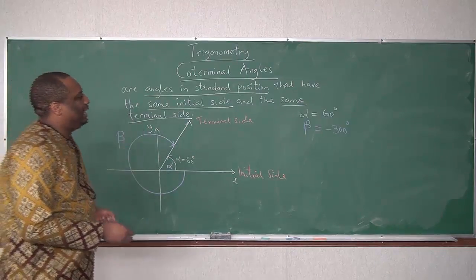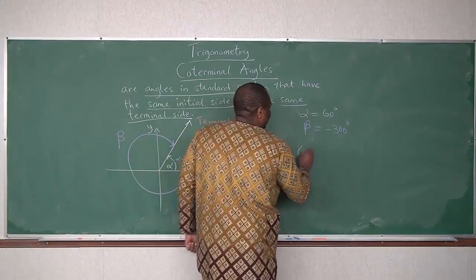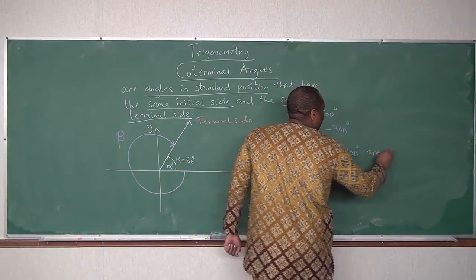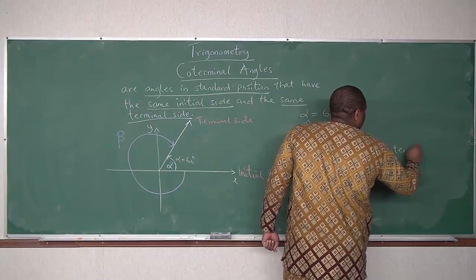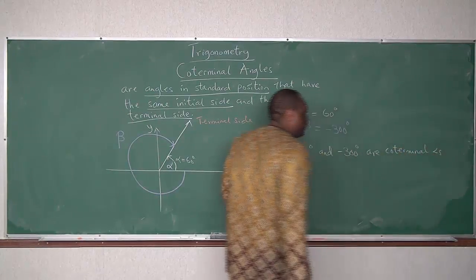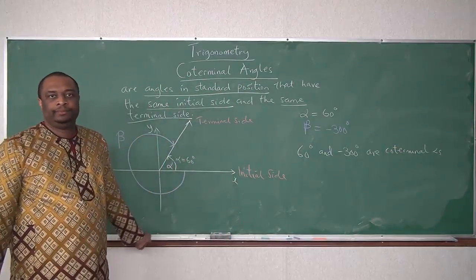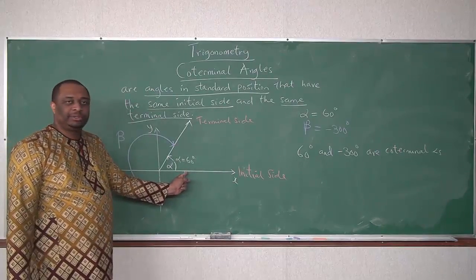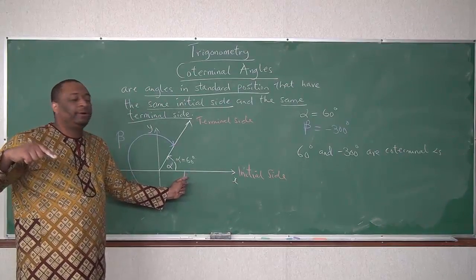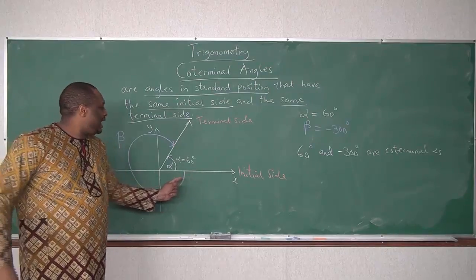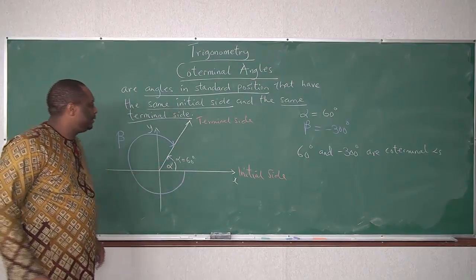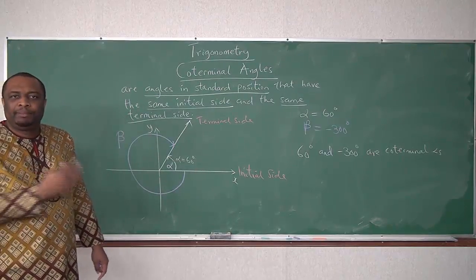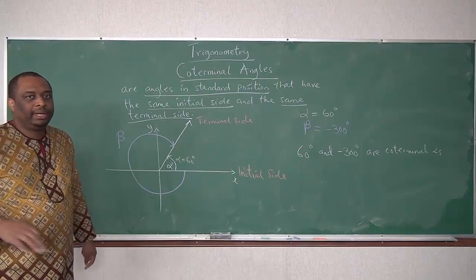So we now say that 60 degrees and negative 300 degrees are coterminal angles, because they have the same initial side, starting from the positive x-axis, and also the same terminal side. Some of you might ask, does it mean that it must always be positive and negative angles that are coterminal? No, it must not.